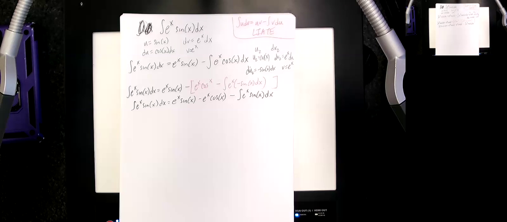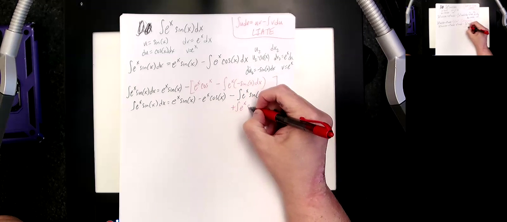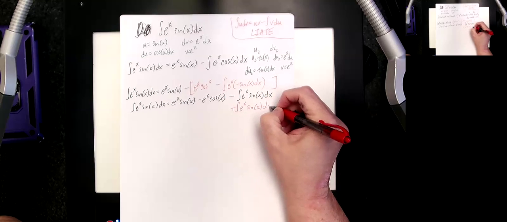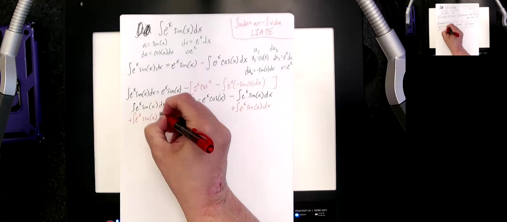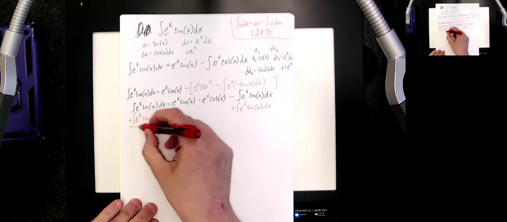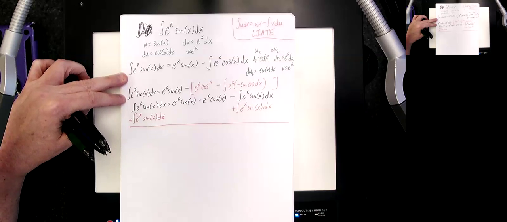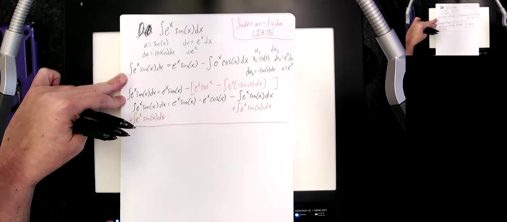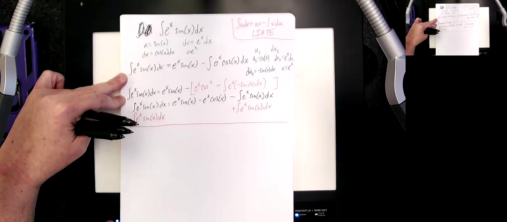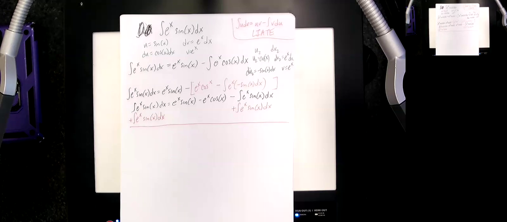Yes, because now we can do some algebra. Let's add the integral of e to the x sine x dx to both sides. And this is why you've noticed I keep writing down the left side, because a lot of students don't. They just do the uv minus v du and put the answer in a box. But sometimes we need that thing we started with.